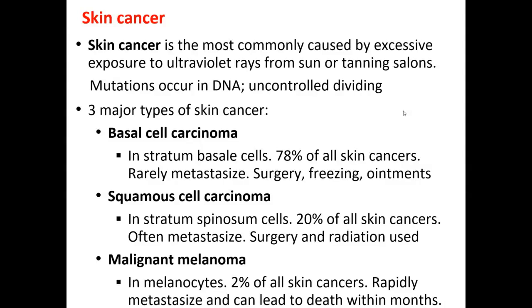Normally, the cells of your body divide when they're supposed to divide, and they don't divide when they're not supposed to. So some cells, like skin cells, are dividing all the time because you need to replace the ones that are rubbing off and falling off. Red blood cells, we've got billions and billions of them, and each one only lives for about 4 months, and then they just wear out and die.